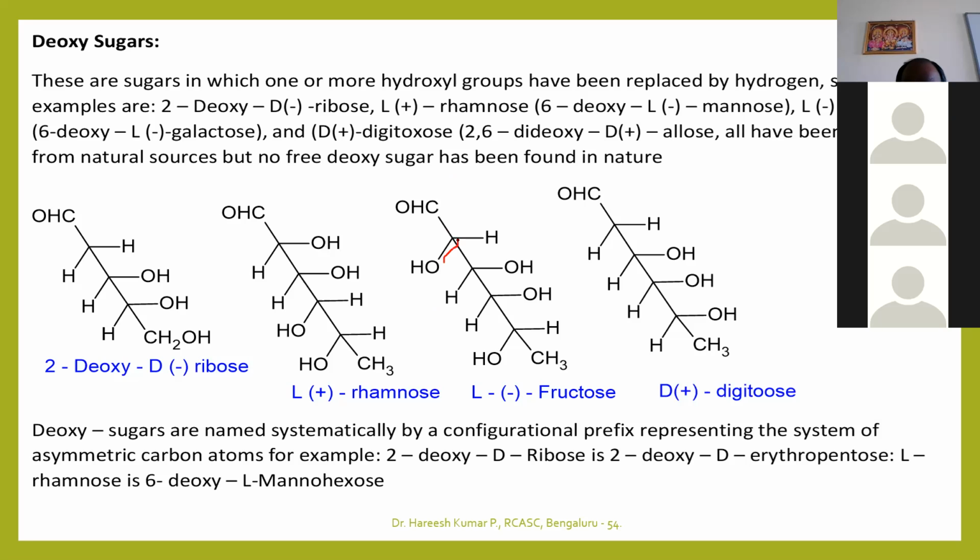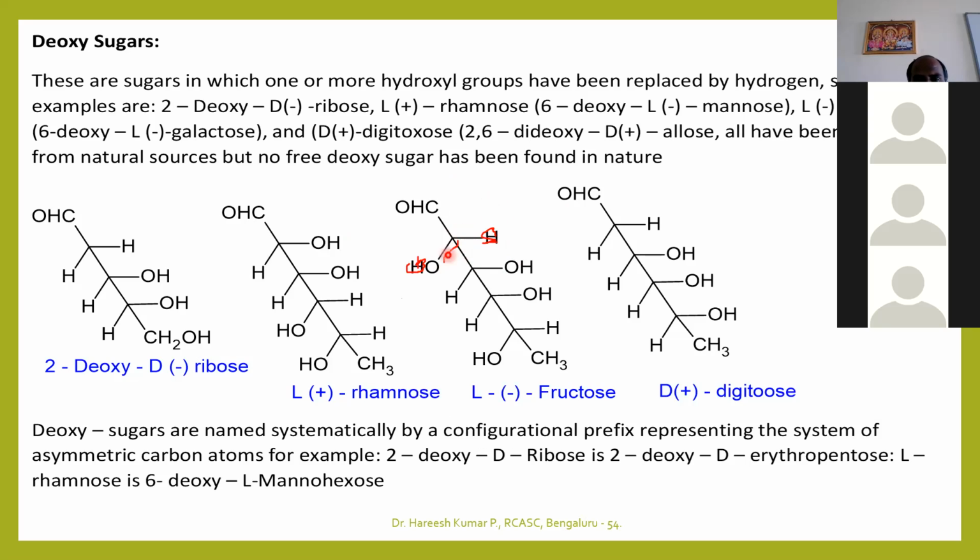So there is a double bond now. No hydroxy group, okay. Similarly, no hydrogen group, okay. That is the thing you need to remember. Then what will happen? So let me take a pointer.